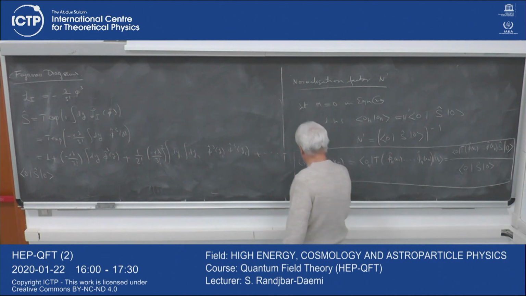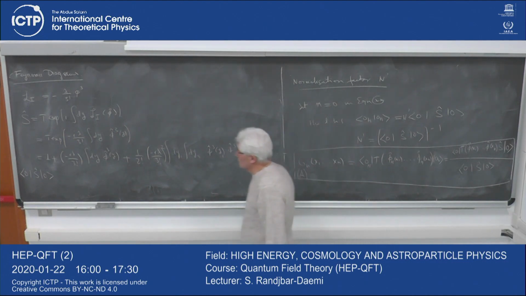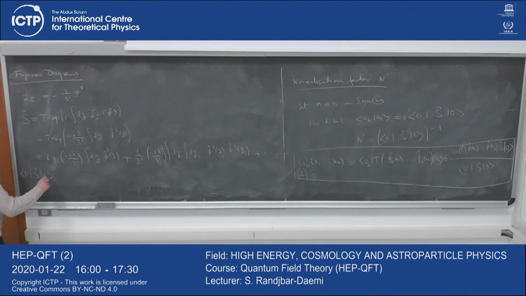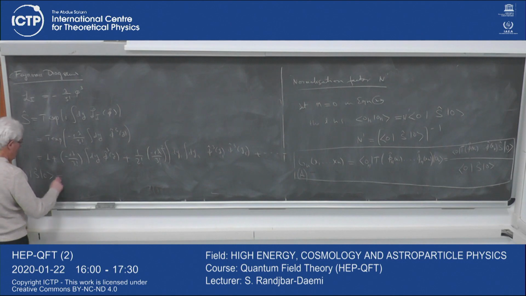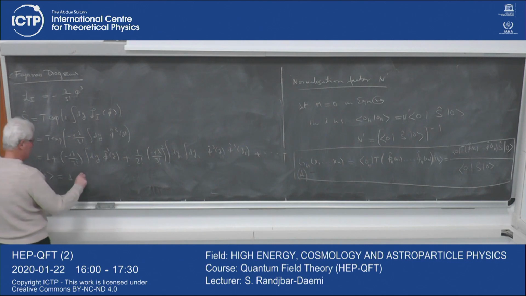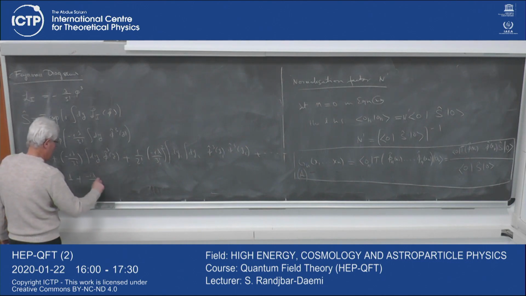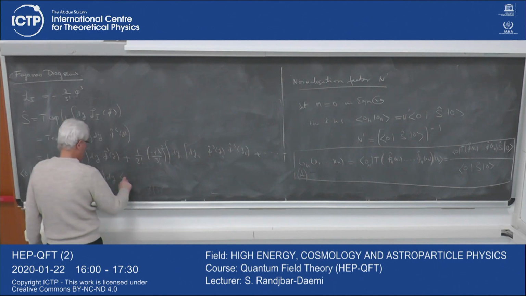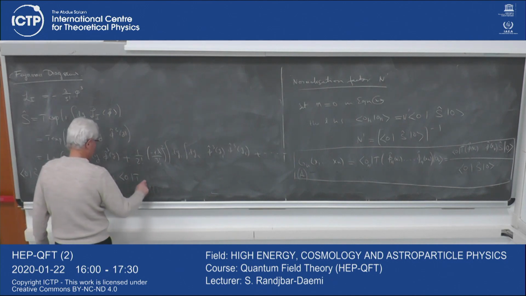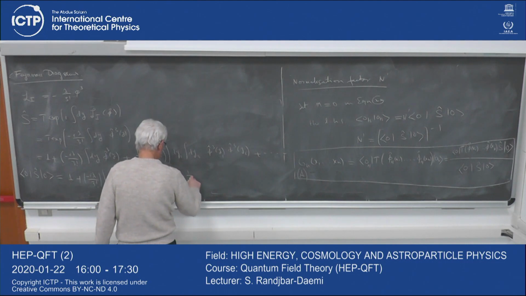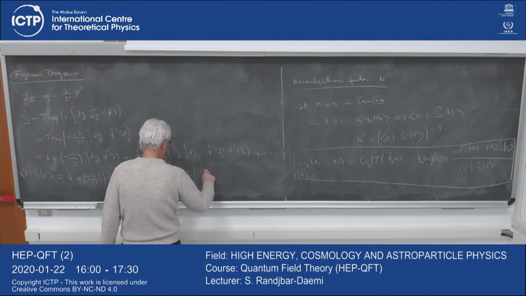Let's call this equation A. The first thing is to evaluate the denominator of A. The 1 obviously will give you 1. Then the next term is minus i lambda over 3 factorial, integral dy, ground state, time ordered phi cubed of y, ground state, plus other terms.